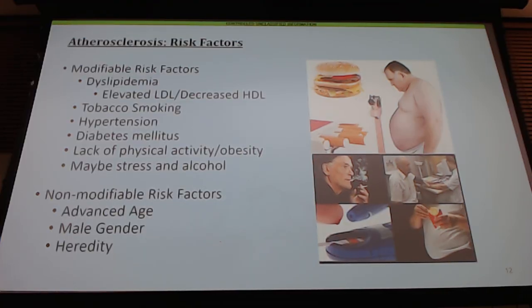And there's a combination of risk factors that are modifiable, so things that we as patients or we as providers can talk to our patients about to try to modify to make folks healthier to prevent this disease from happening in the first place. So things like, if you have elevated cholesterols, that's going to set you up for developing this condition.